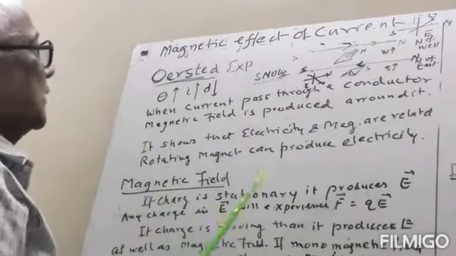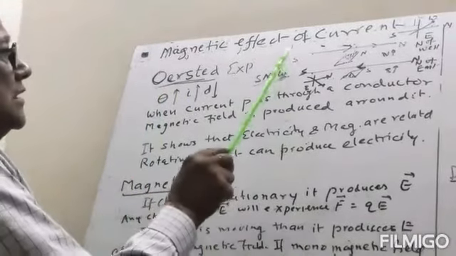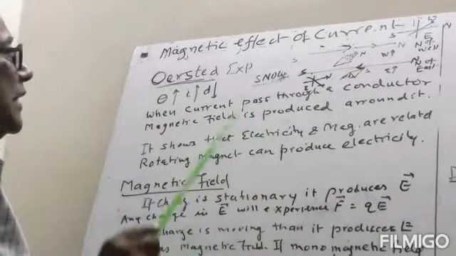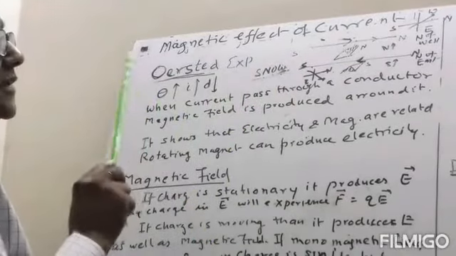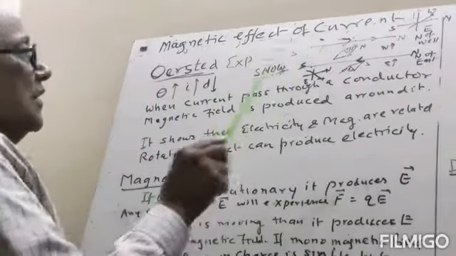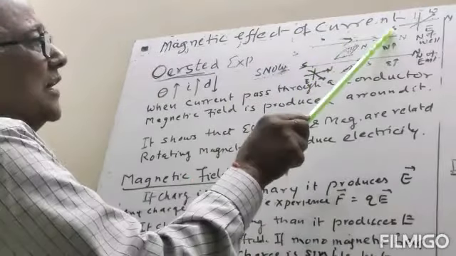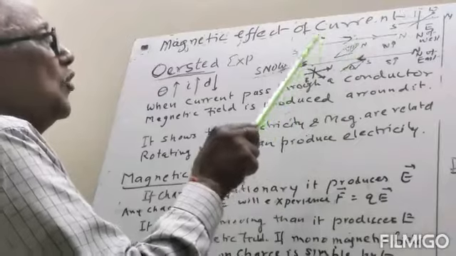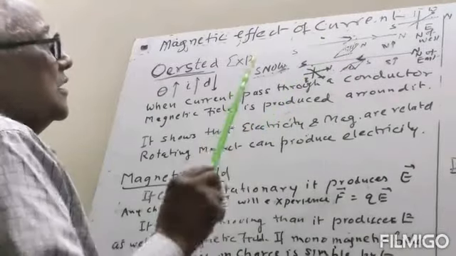Now in this experiment, if we increase the value of current, then the deflection will be increased. Less current flowing, less deflection of the needle. If more current is flowing, more deflection will be there.